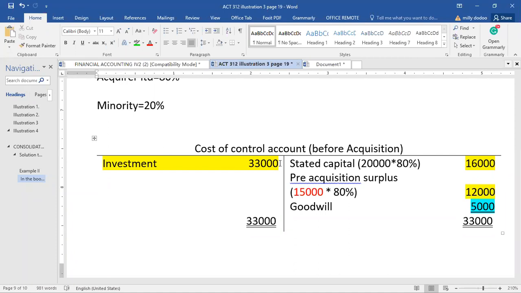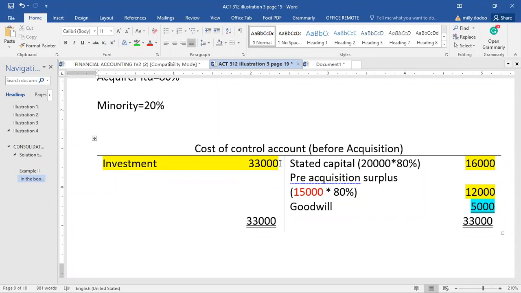The question says he has 20,000 shares of 1 cedi each, giving 20,000 Ghana cedis stated capital. 80% of that gives you 16,000. On the day of acquisition, income surplus on Swallowed is 15,000, and 80% of the 15,000 is 12,000.